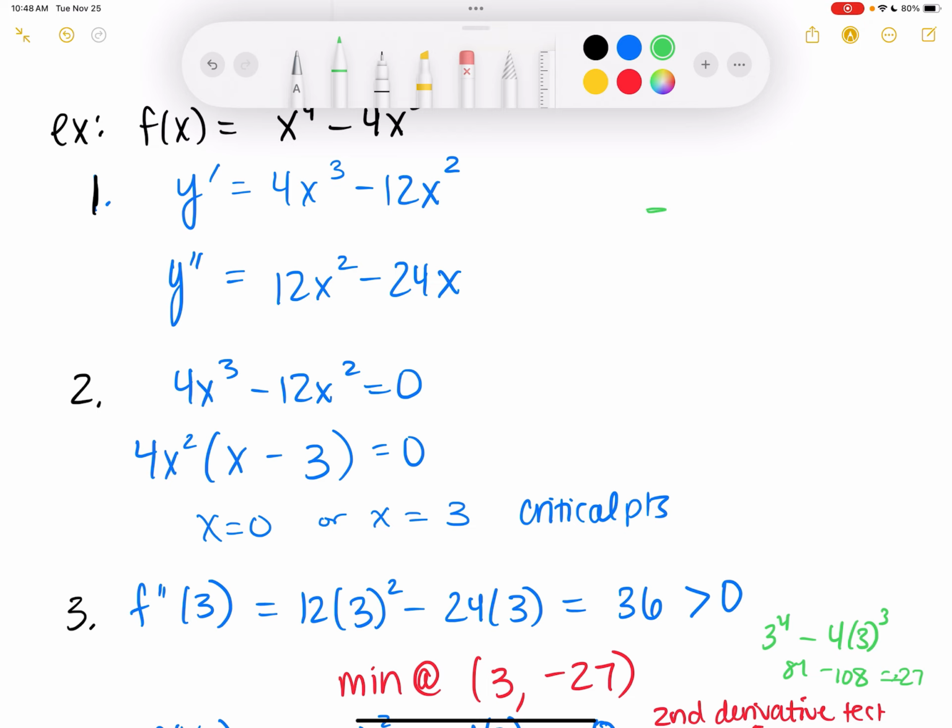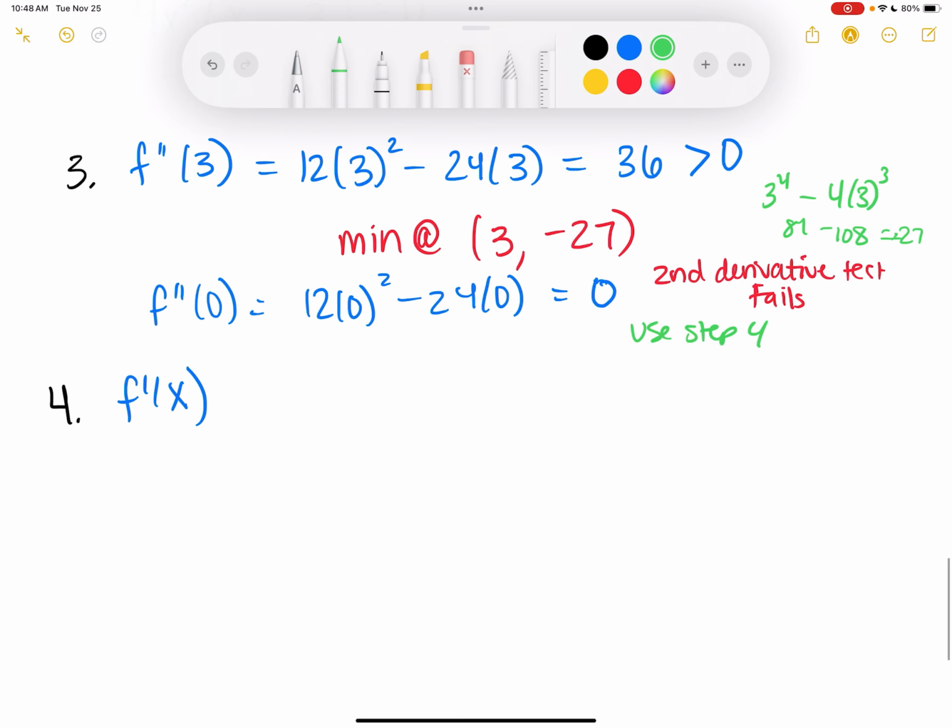So negative at negative 1. And then if I do positive 1, I would have 4 and then minus 12, so that's still negative at positive 1. So the sign doesn't change. So that means that it's neither a max or a min. So we can have critical points that aren't maxes or mins as well.